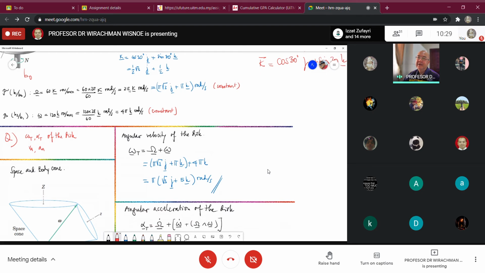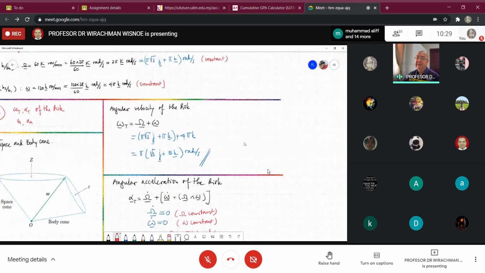In this case, I convert this capital K to the small frame, to the moving frame. You have the capital omega and the small omega in the same frame in this case. Okay.